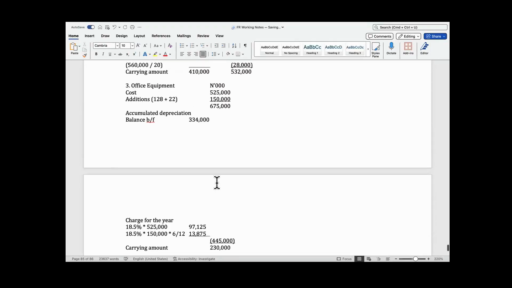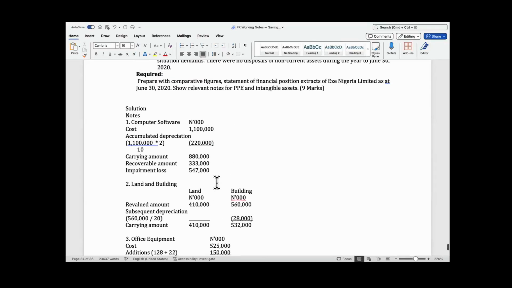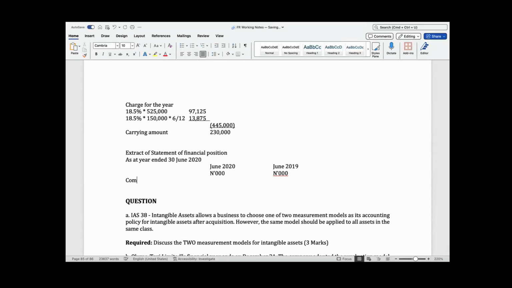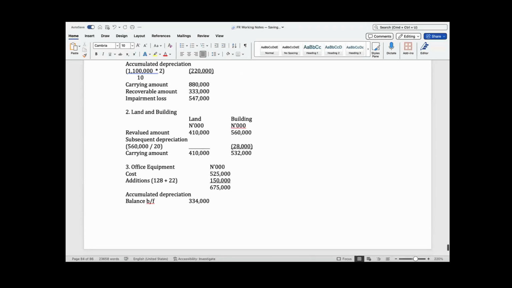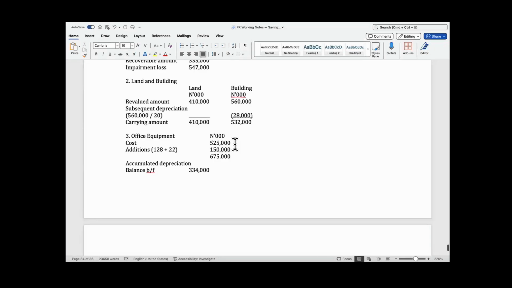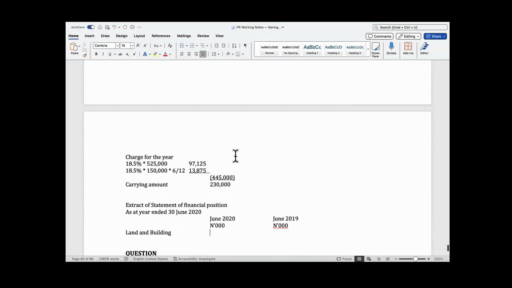So computer software. Let me not start with computer software. Let me start with PPE. Land and building. In 2020, land and building should be how much? That's 230? No.